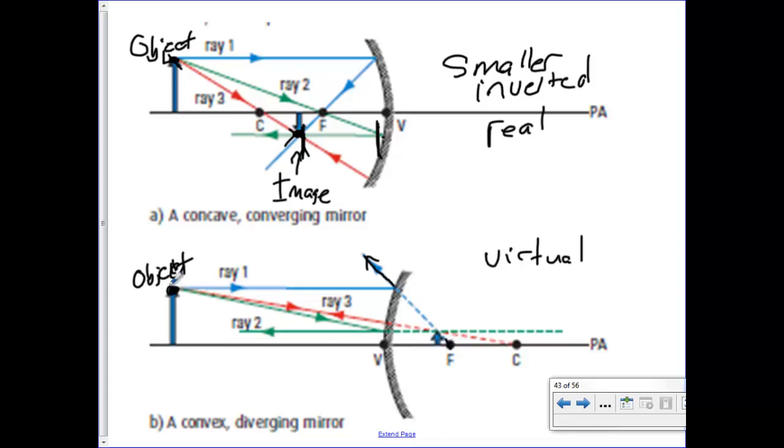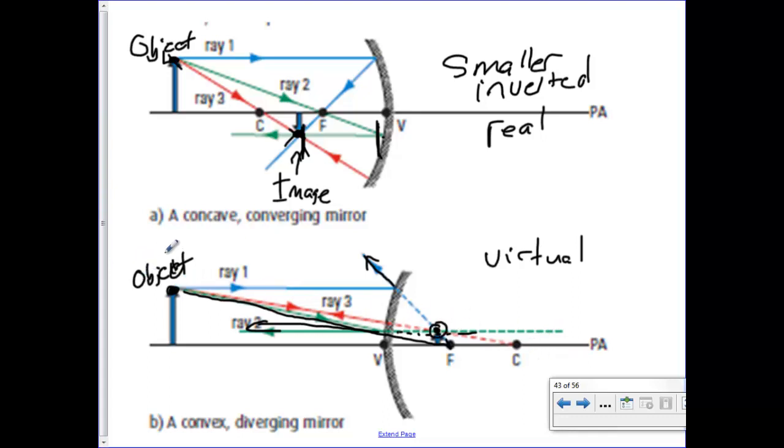The second ray I would draw would be attempting to draw directly towards the focal point. So imagine that I'm trying to draw this directly towards the focal point, but I can't actually reach this focal point. So instead, light will bounce back this way. But I'm going to draw my virtual line, keeping going here like this. And then the same one as the red line, the center should actually bounce right back on itself.